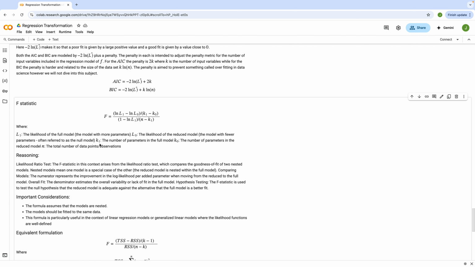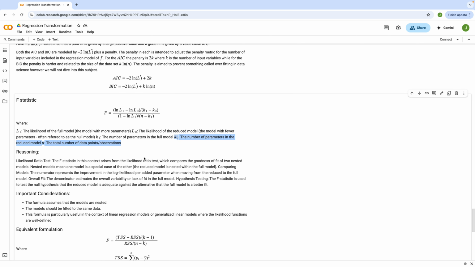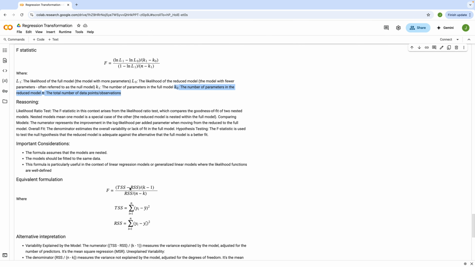K1 is the number of parameters in the full model. K0 is the number of parameters in the reduced model. There's an equivalent formulation to this F statistic. It can be calculated by this or like this. They're the same thing.